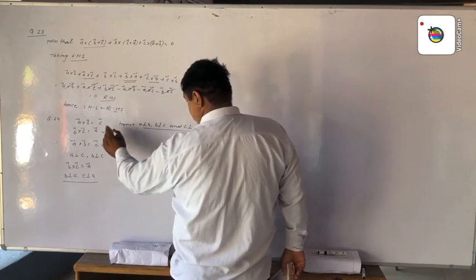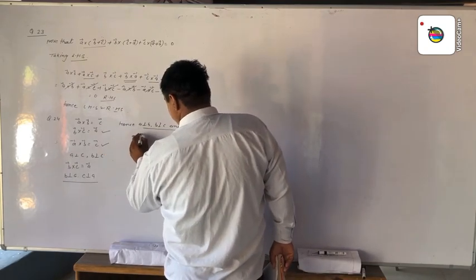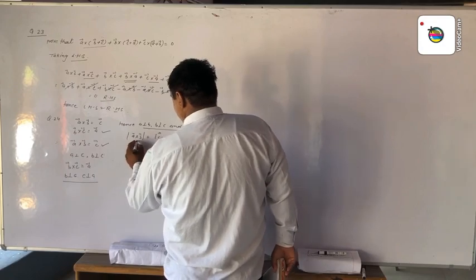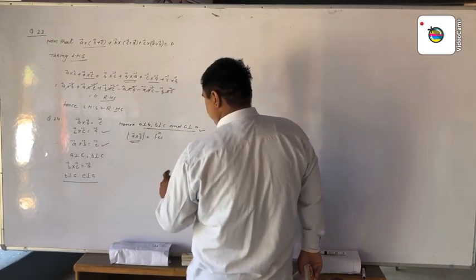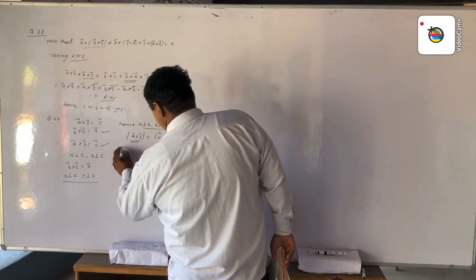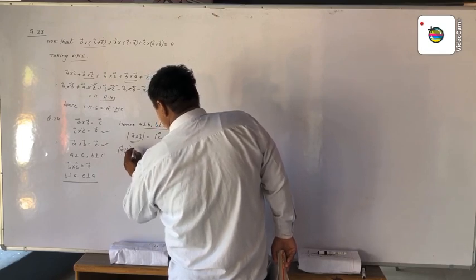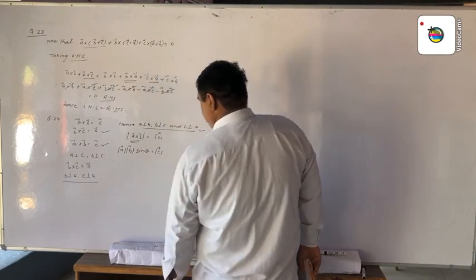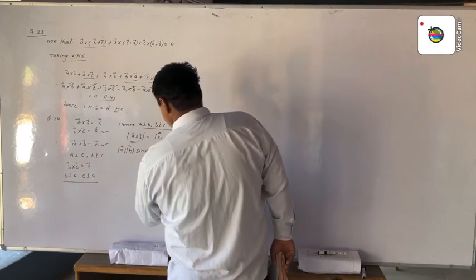Now we take this result: magnitude of vector a cross b is equal to vector c. Now for the magnitude of a cross b, we have the formula: vector a magnitude, vector b magnitude into sine theta is equal to vector c. Now again this is the first condition.